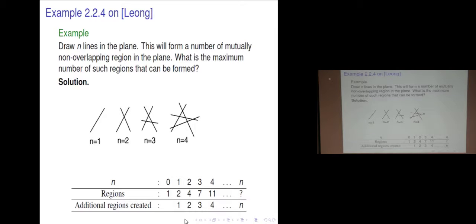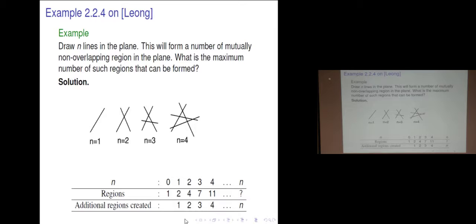Let's do it one more time, right? So assuming this horizontal line is the one newly added, I claim that I will create 3 more regions. There are 2 given lines. Before I hit the first given line, I create one region. Between the first one and second one, I create another region. After the second one, I create another one.